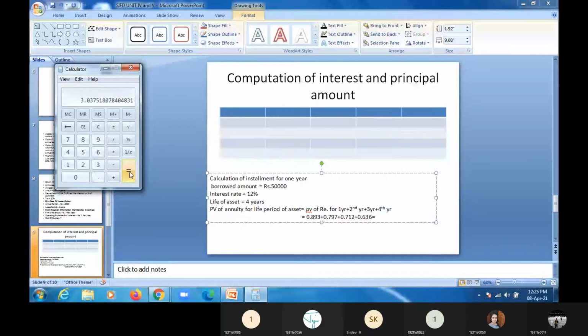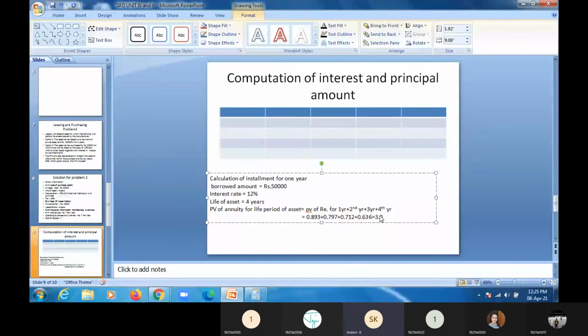Okay, 3.0375. So this is the annuity value you got.